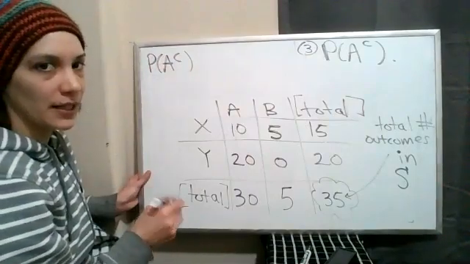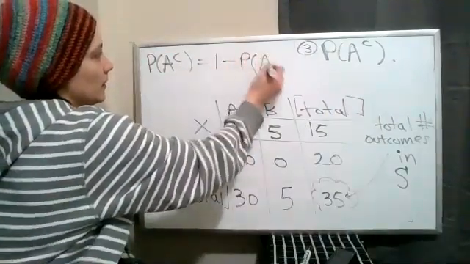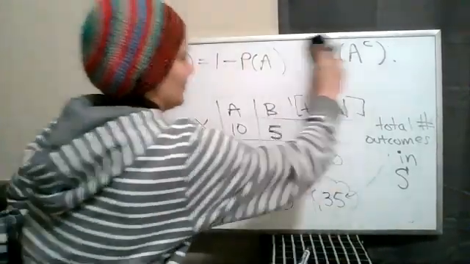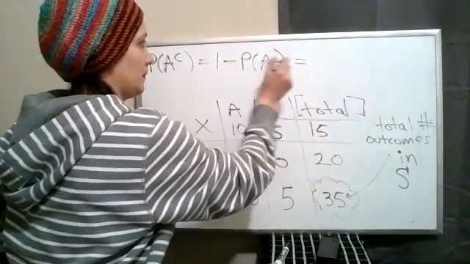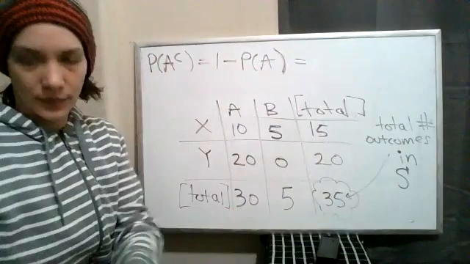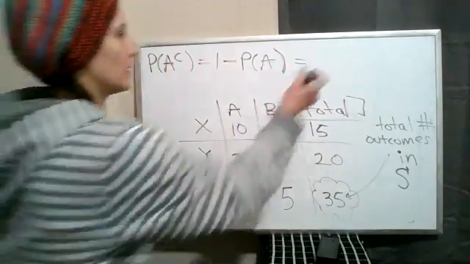Probability of A complement is 1, subtract probability of A. Take 1, subtract 30 over 35.